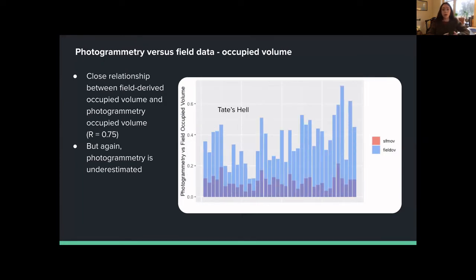For both fuel height and occupied volume, we're likely seeing this for two primary reasons. First, as I've previously mentioned, the photogrammetry produces sparser point clouds and can have a high potential for occlusion, which would result in both shorter heights and lower occupied volume in certain plots. And second, the very nature of our voxelized sampling in the field could also potentially result in overestimations of height and occupied volume.